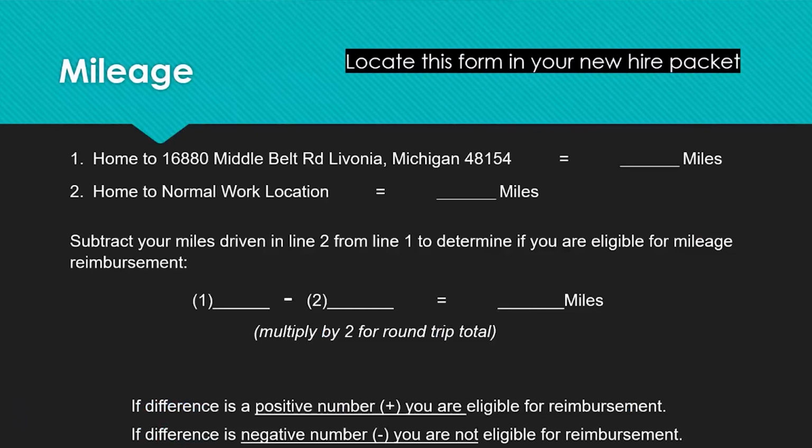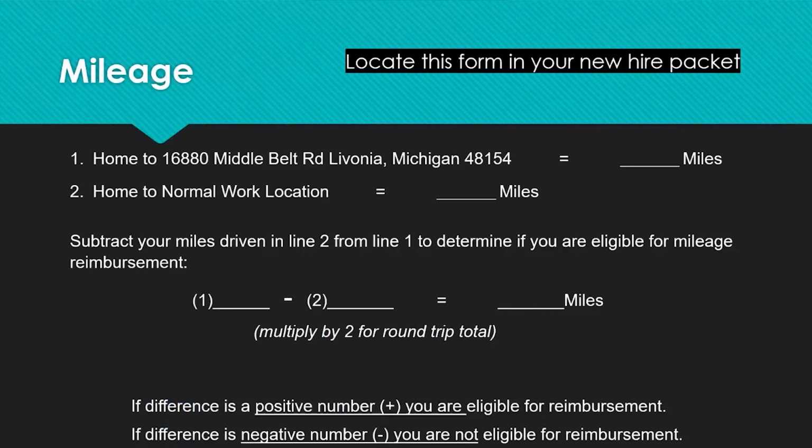Next, we'll talk about mileage. Locate your form in the new hire packet. We'll look at this form to see if you were eligible for mileage or not. Mileage is paid for miles driven above the drive to and from your normal work location or from one special tree location to another in your personal vehicle.